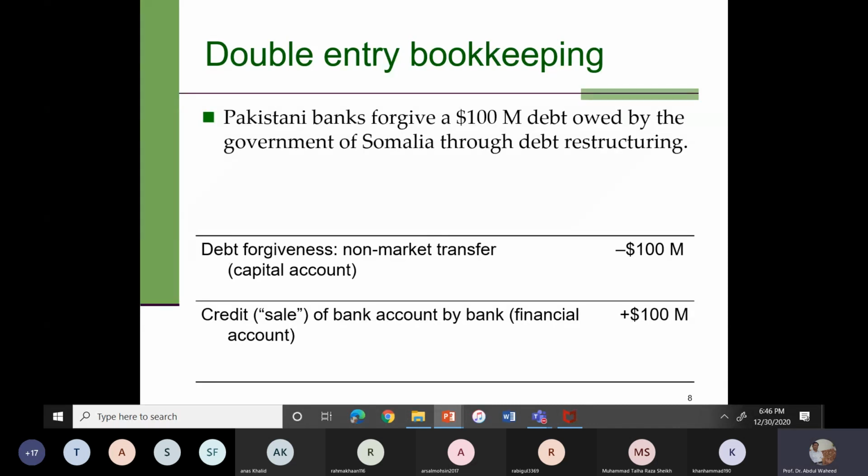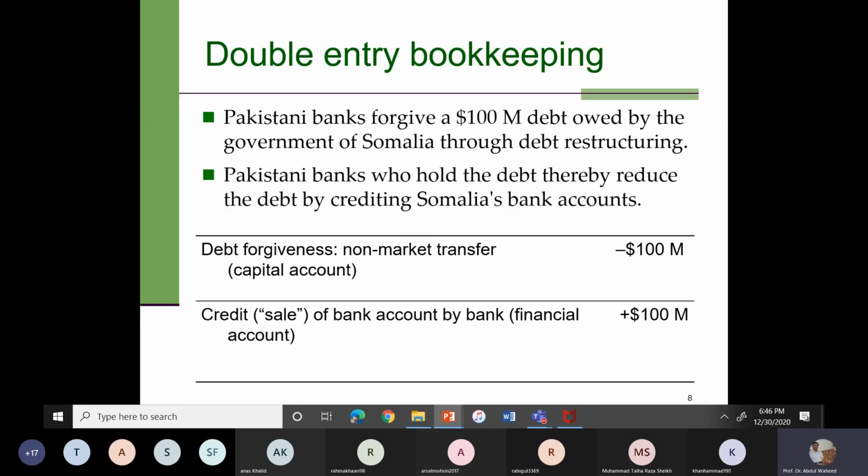Then suppose the Pakistani bank forgives $100 million debt which is owed by the government of Somalia through debt restructuring. Now, Pakistani banks who hold the debt thereby reduce the debt by crediting Somalia's bank account. So debt forgiveness would be a part of the capital account.